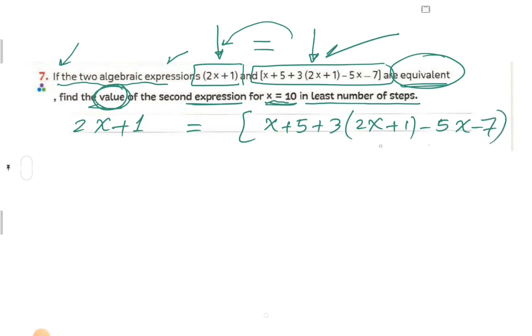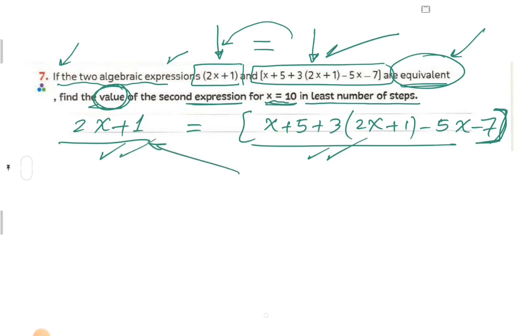They are equal to each other, right? If I substitute x equal 10 here, I will get the same value. So which is easier for me, to use this one or this one?